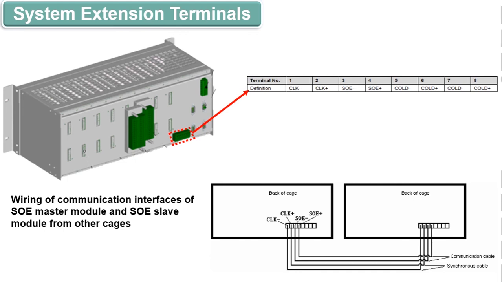Terminal 5 to 8 are used to connect cold junction resistance for thermocouples. When SOE master module and SOE slave module are in different cages, we communicate them through these extension terminals.